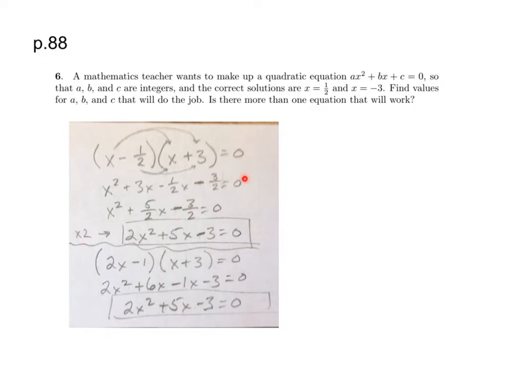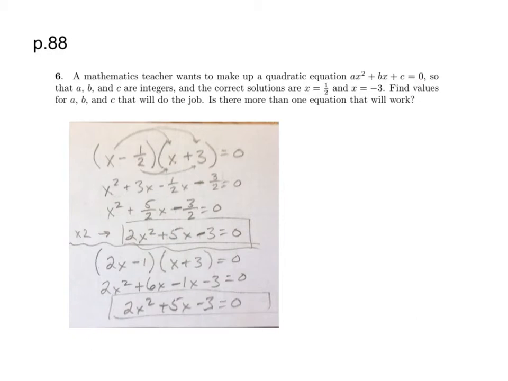So I just distributed this out: x squared, plus 3x, minus 1/2 x, minus 3/2, equals 0. Combine like terms. This would work as an equation, but we want a, b, and c to be integers, and 5/2 is not an integer, -3/2 isn't. So I multiplied that by 2 and got our answer here of 2x squared plus 5x minus 3 equals 0.